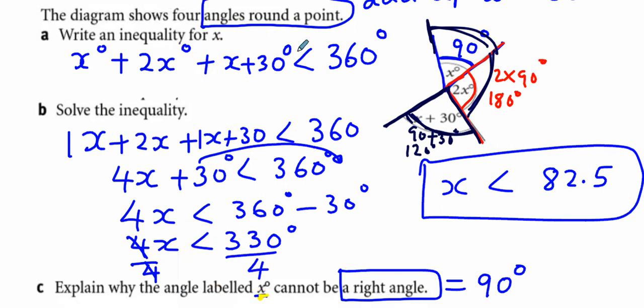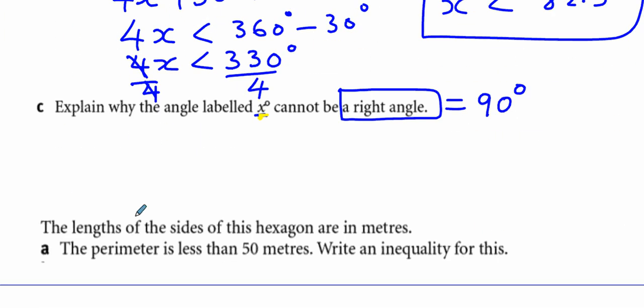But remember what we said? Explain why the angle labeled x cannot be a right angle.